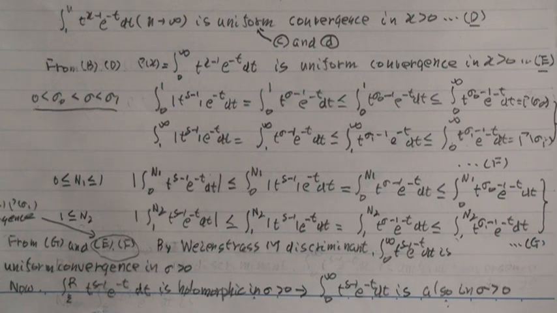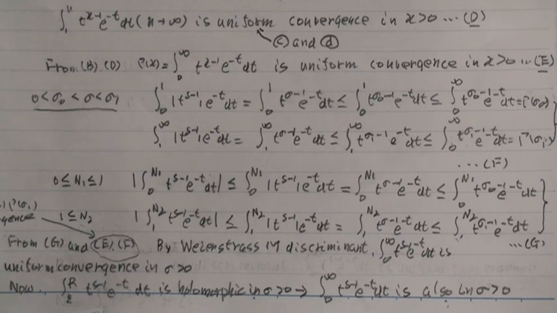Then by the Weierstrass M-test, the integral from 0 to infinity of t^(s−1) e^(−t) dt equals Γ(s) and is uniformly convergent in σ greater than 0.